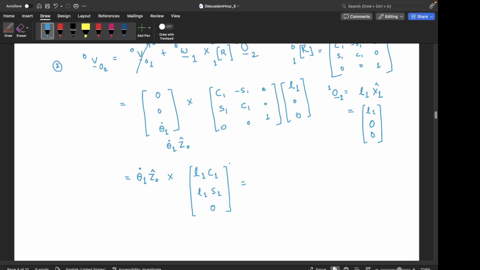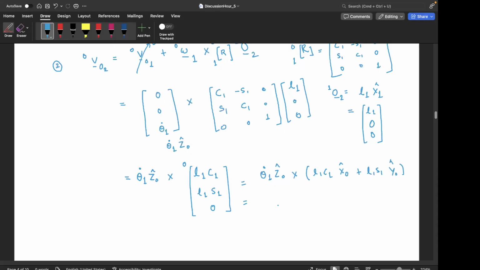And this is in the 0th frame, so we can write it using the unit vectors of the 0th frame. This is the first vector, and we have to cross with the second vector, which is L1 c1 x0 plus L1 s1 y0, and z is 0.